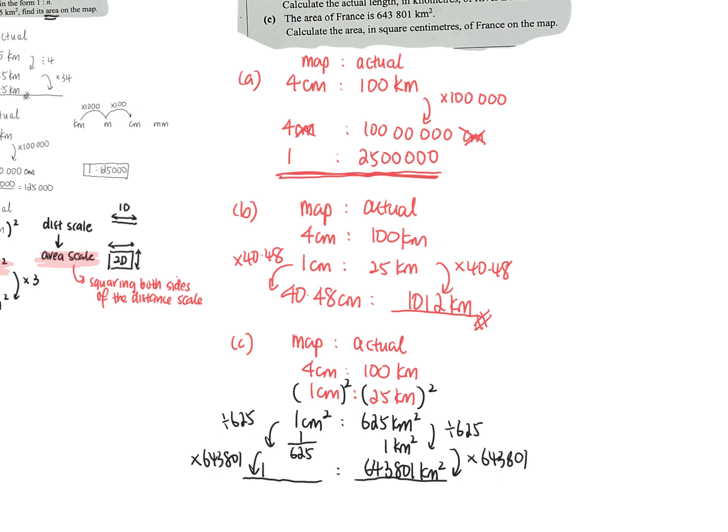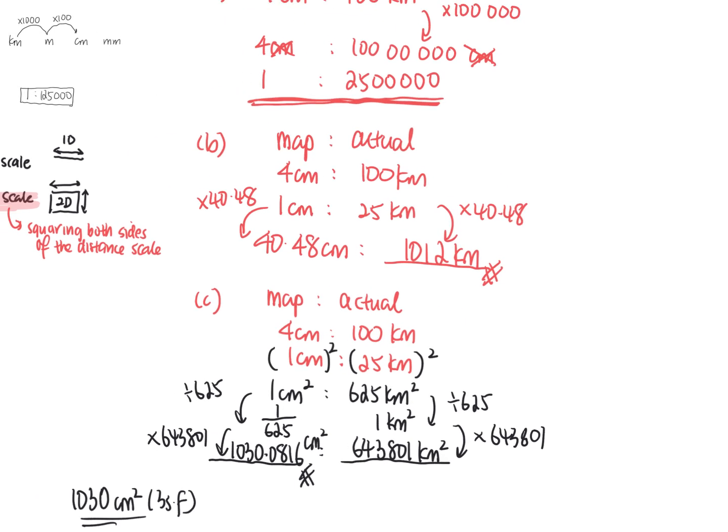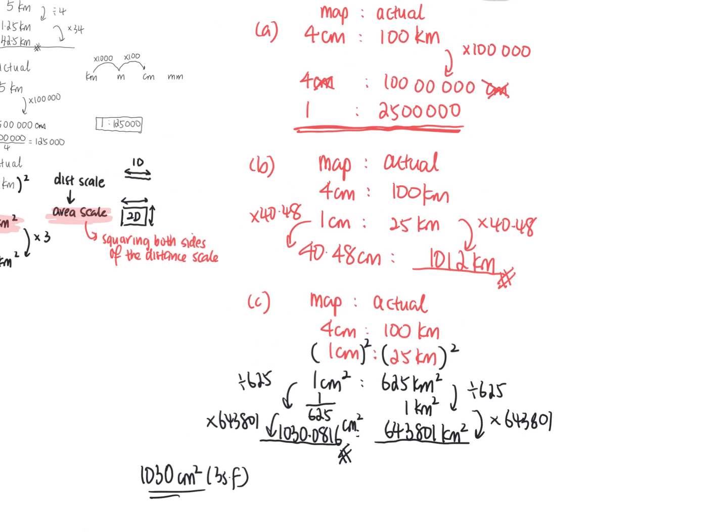You will get 1030.0816. If it's exact, don't need to round off. Just give me this whole string as the answer. If you want 3SF, then your answer will be 1030. But actually the answer is exact, so you can leave it as it is. Okay, this one is the best answer.